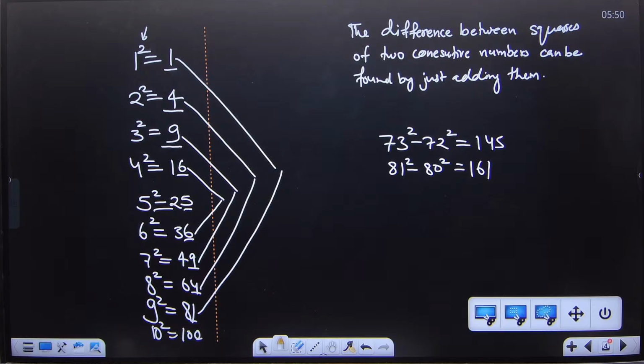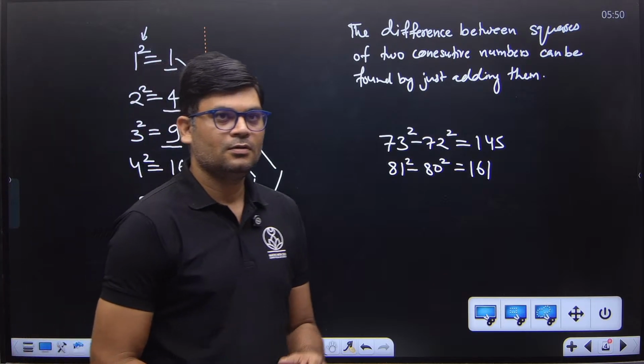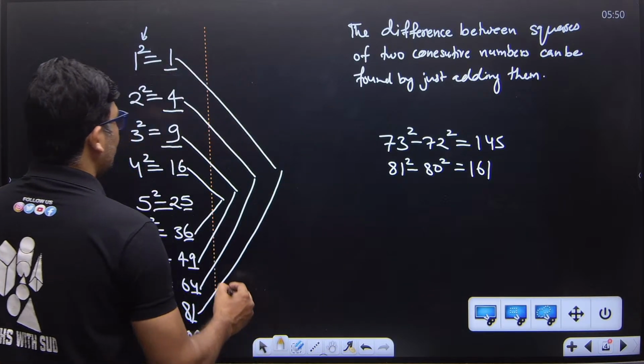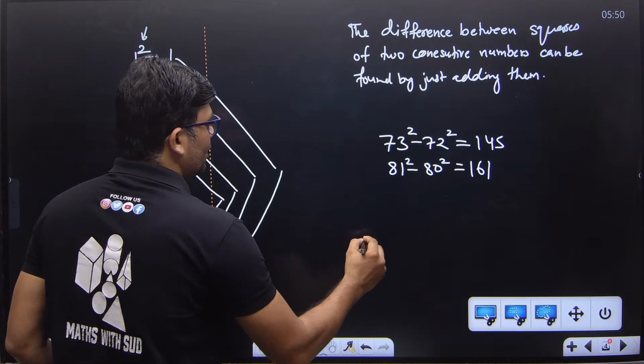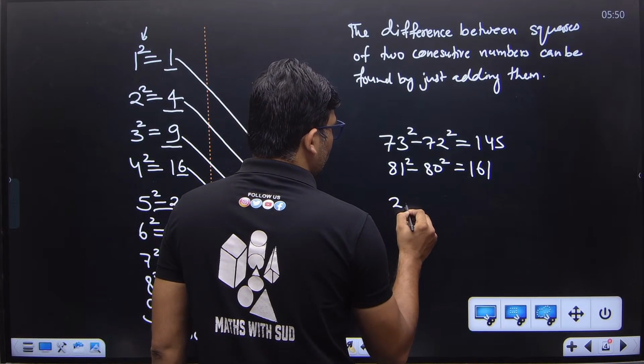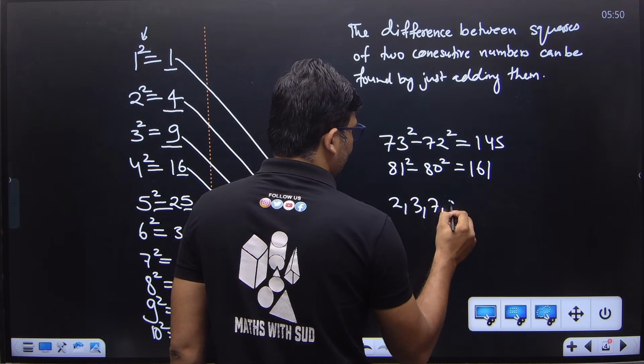Yeah. Wait, but it can also end with other numbers, right? Or are those the only numbers it can end with? No, it can never end with 2, 3, 7 or 8.